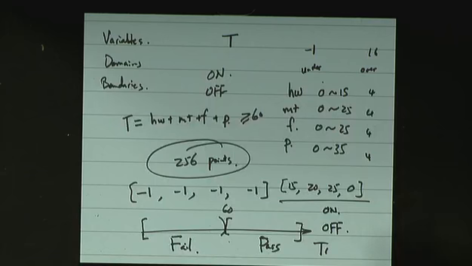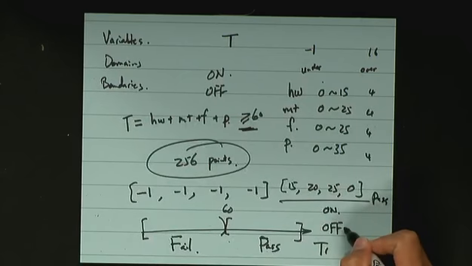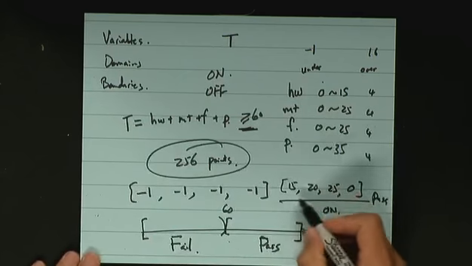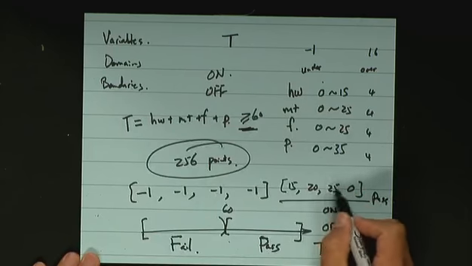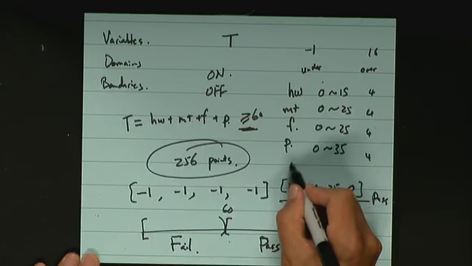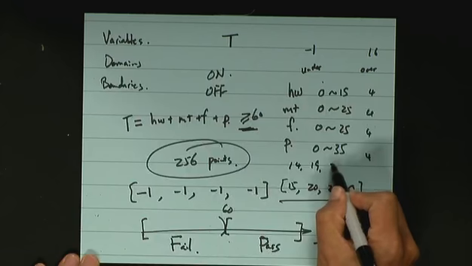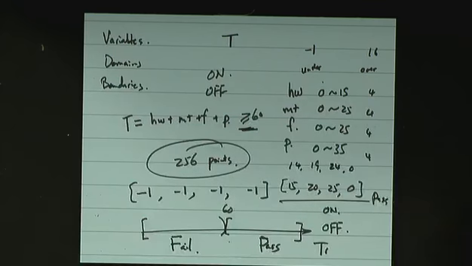Because this one is greater than or equal to, your off point needs to fail. This on point is a pass, and your off point needs to fail. So I can lower one of the grades a little bit. I'll lower the off point to 14, 19, 24, and 0, for example.